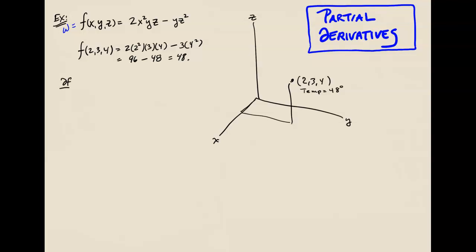So if we look at the partial of f with respect to x, we know how to compute that. We just think of this as a function of x. The other 2 independent variables, y and z, are frozen because what we're doing is at any point we start at, we're moving only in the x direction and seeing how, in this case, the temperature changes.